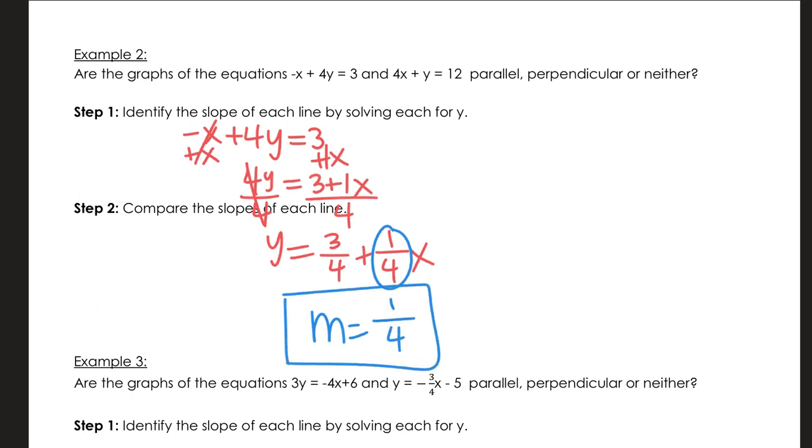So let's see, what is the slope of my other equation? And let's decide if it's parallel or perpendicular, or maybe neither. My second equation was 4x plus y equals 12. I'm going to solve that for y again because I need to know what the m is. So to solve for y, I'm going to get rid of that 4x. I'm going to subtract 4x on both sides because it was positive.